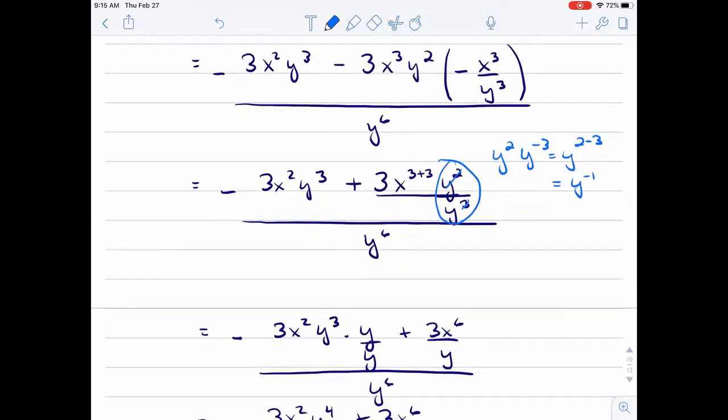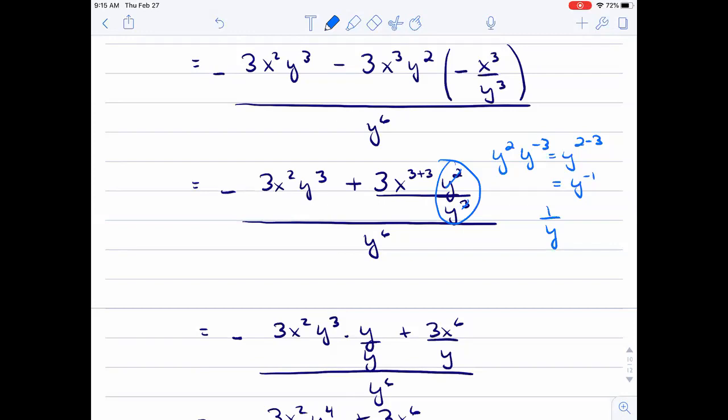So you get 1 over y. You get 3x to the 6th times 1 over y, or y to the negative 1. And that's why it's still in the bottom. Because you always float it up to the top and make the denominator negative. I guess we could bring the 2 down. No, it gets weird.